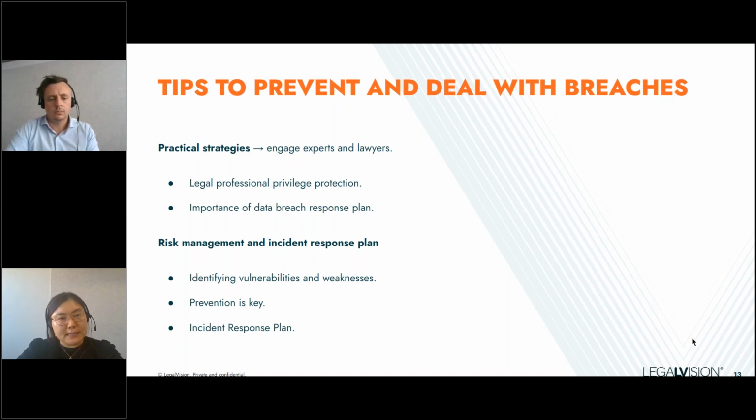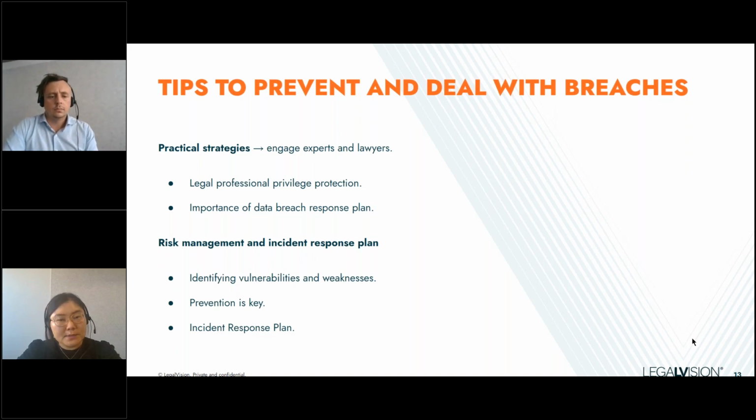How should you manage risks? The best practice is to manage risks so that breaches are prevented. You should implement processes and structures that protect your business from cyber attacks.